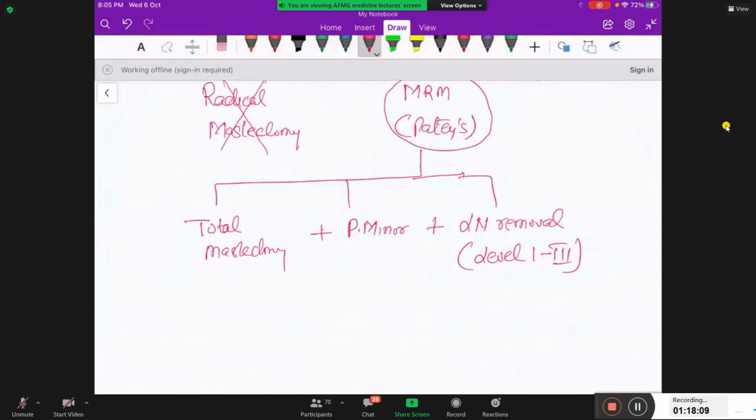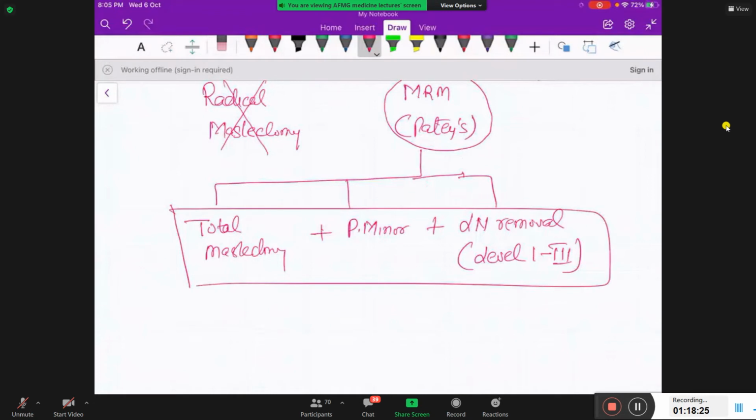Right? Now, please understand this point. In the latest type of MRM, please listen to this. This is a Patey's MRM, which I just told you. Right? This is a Patey's MRM, which we know. But now we don't do this Patey's MRM.